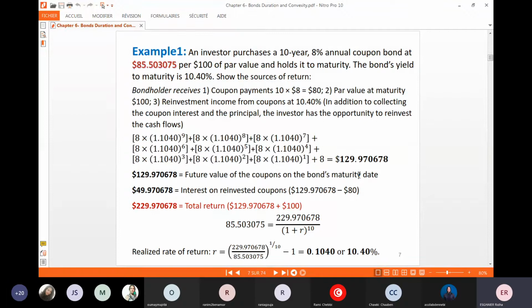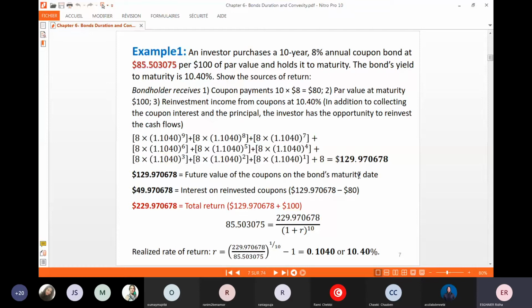If the market interest rate is 10.4%, it means that interest rates in the market are 10.4%. It means that if we want to bear the same level of risk as our bond, we can invest.